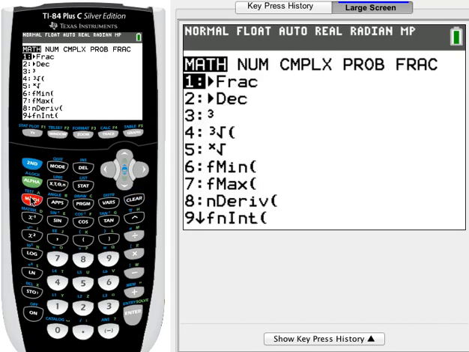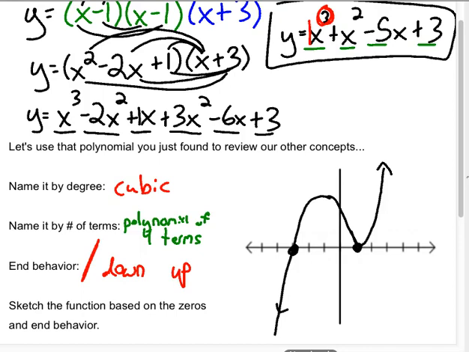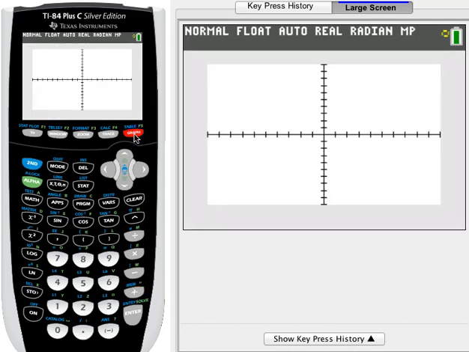So x cubed plus x squared minus 5x minus 3, I think it's a minus 3, plus 3. If we go to graph that, there we go. And yes, it looks just like what I just made.